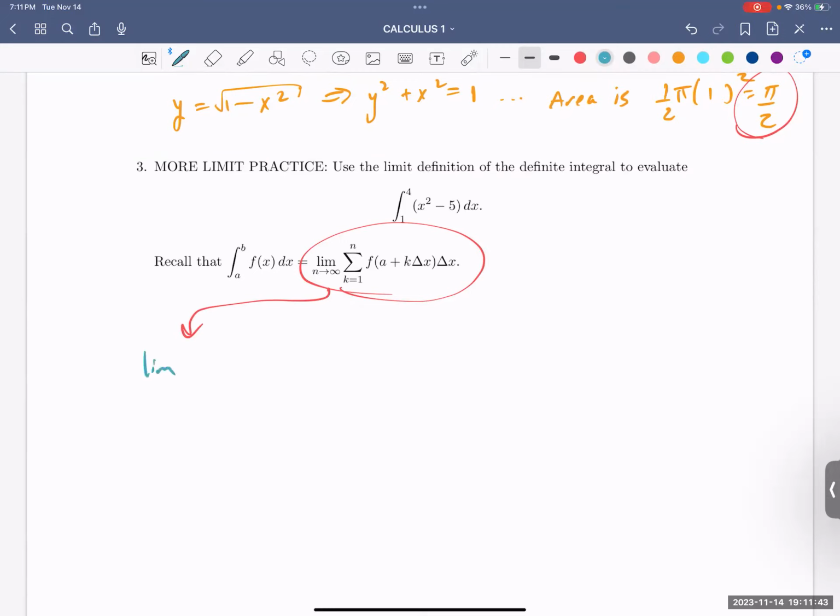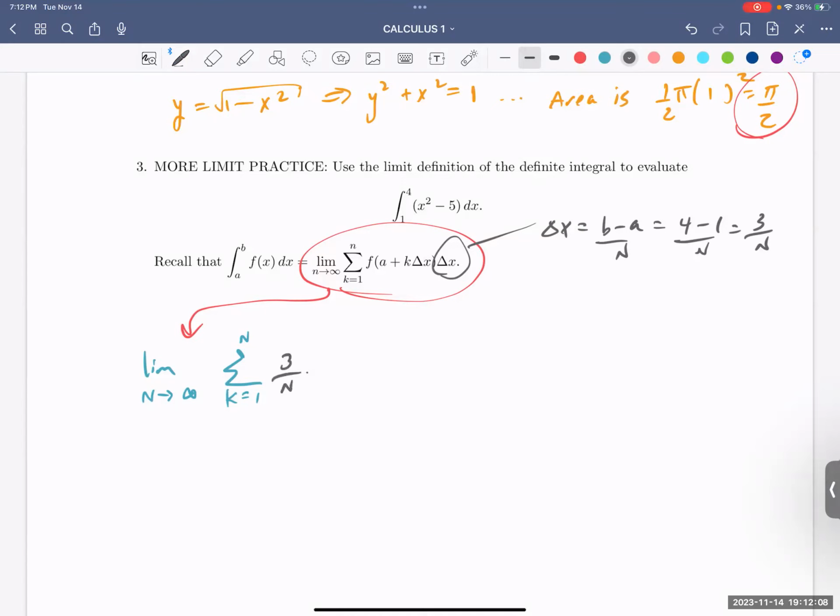limit as n goes to infinity, sum from 1 to n of delta x, and the delta x piece is b minus a over n. B is 4 minus 1, a over n. That's 3 over n. 3 over n for delta x.